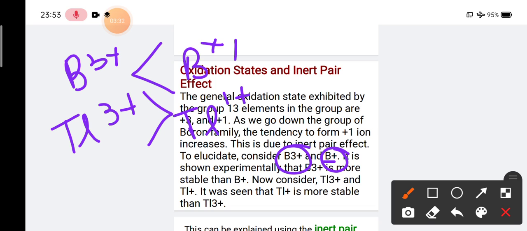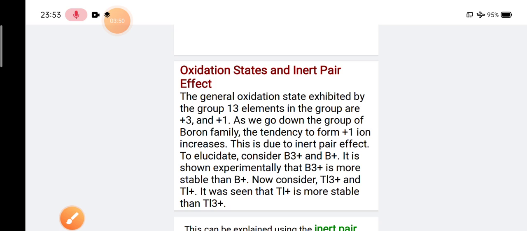So this problem can be answered by the concept named inert pair effect. Among the group itself, some elements do not fall into the same oxidation state.